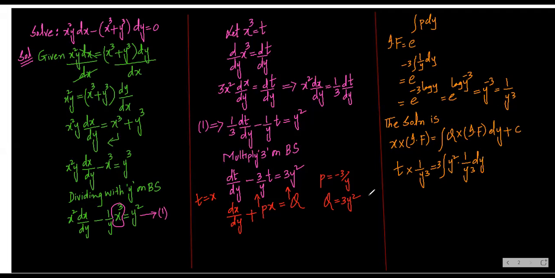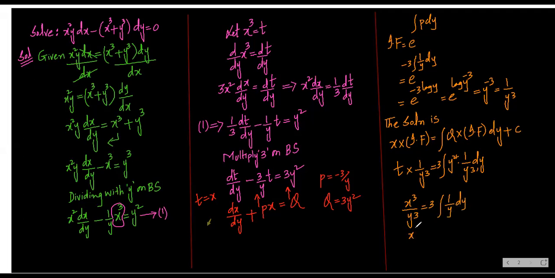This is t. What is t? T is x cube, so x cube into 1 by y cube becomes x cube by y cube, is equal to, this one term will be cancelling out here. 1 by y is left here, 1 by y dy.